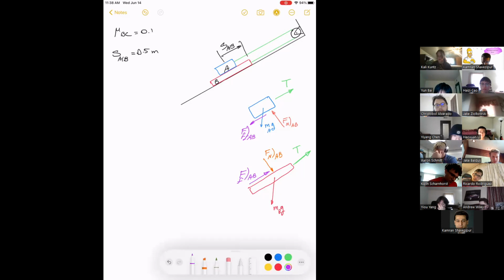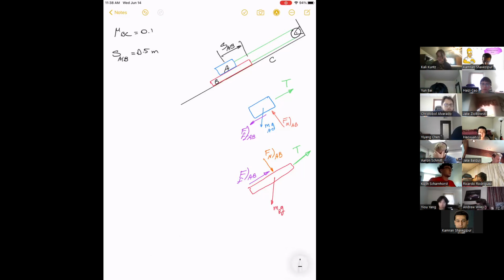We need to look at the interaction of B with the ground through this surface, right? I think they call it C. So let's just call this C. So interaction of B and C, B is sliding on C, so you're going to have a friction. If A goes up, B is going to go down. And if B goes down, the friction is going to be in the opposite direction, right?